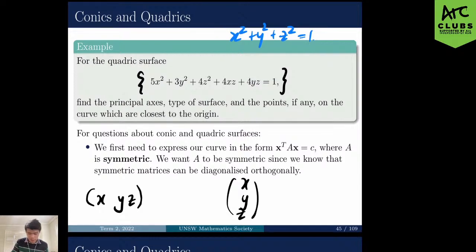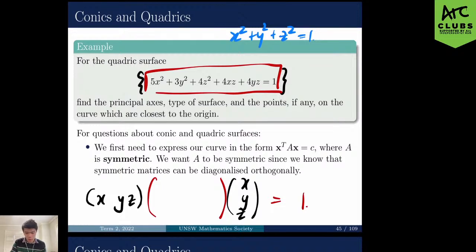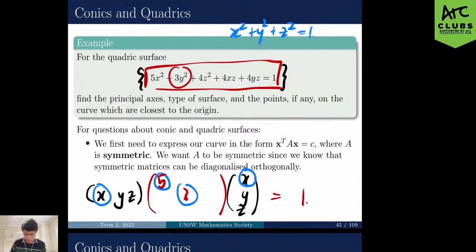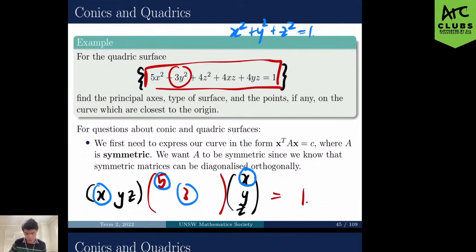To find A, we want to compare the coefficients over here. The 1, 1 term of this matrix corresponds to x and x, so the x squared term will just be this thing over here. Same thing with the y squared term, we'll get 3 down here, and with the z squared term, we'll get that down here.